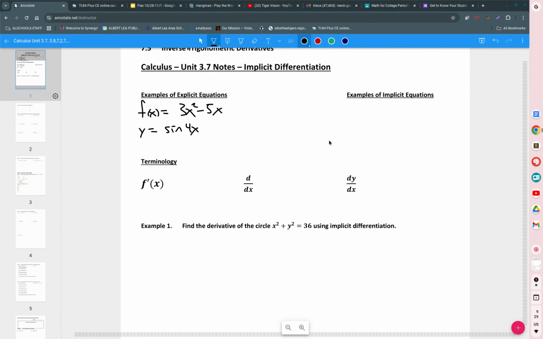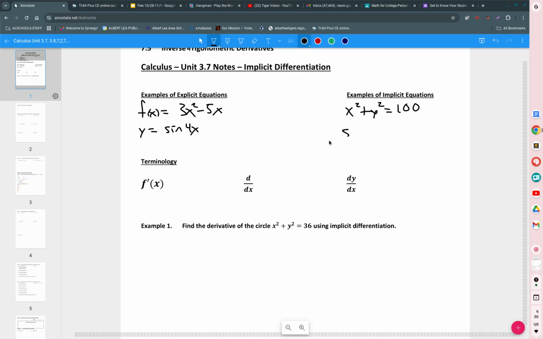But the question is, what if we had x squared plus y squared is equal to 100? Well, in that situation, y is not explicitly solved for, is it? That raises a question for us about how we go about that. And some of you are getting smart right now. You're saying, well, I'd subtract the x squared and square root both sides and have y solved for, right?